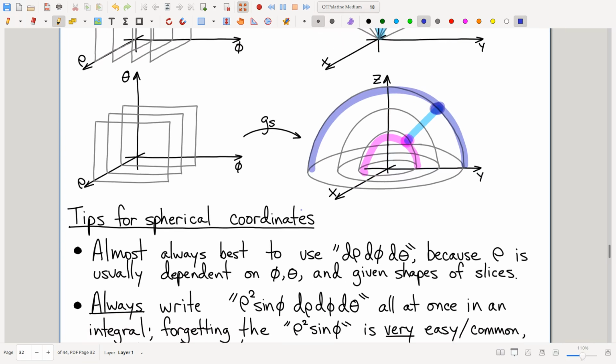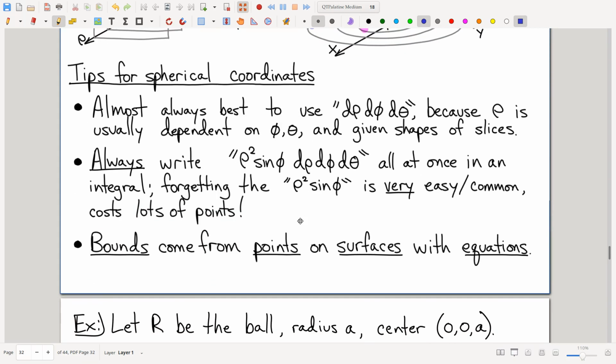Okay. Now again, tips and tricks, and these are pretty familiar, I hope. Don't forget your stretching factor. You've heard me say it a million times. A good hack, a little personal ritual for making sure you don't forget it, is to always write down the whole thing all at once. And by the way, even if only mathematically, forget about strategy for just a moment. This that I have circled here is a thing. This is what dx, dy, dz turns into in the pullback.